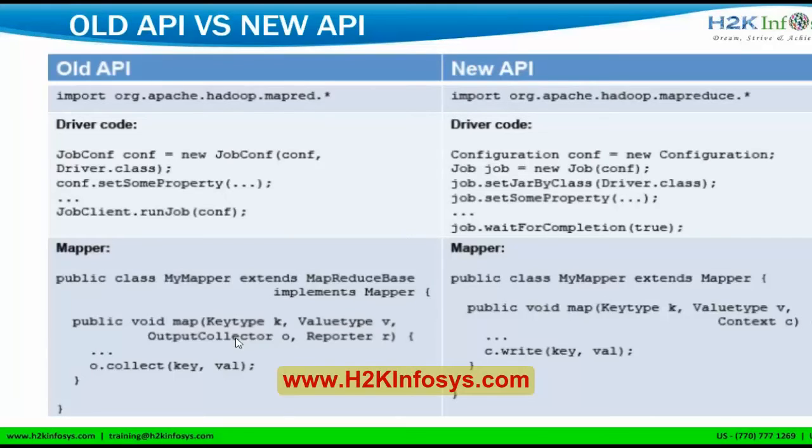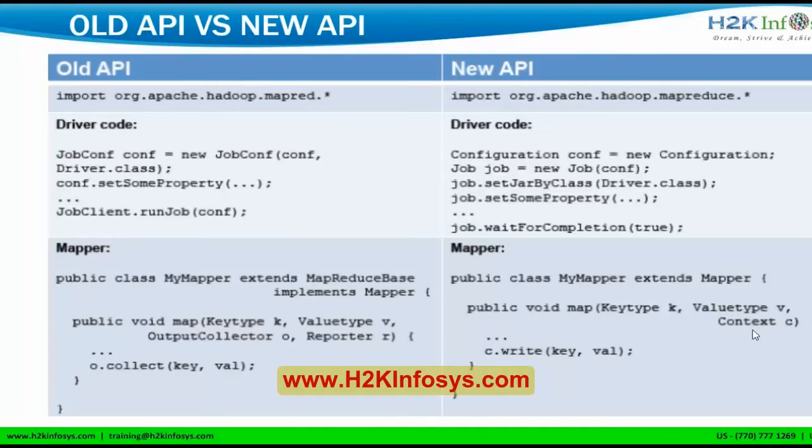So context is a class, or you can consider it an object, which is used to communicate with the map and reduce systems. This is the one that communicates with our mapper and reducer phases, like, okay, I have collected all the key value pairs and they are at this position, and the reducer can read all these key value pairs from this particular point.